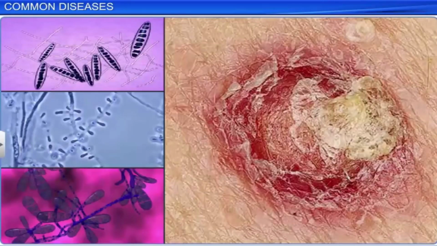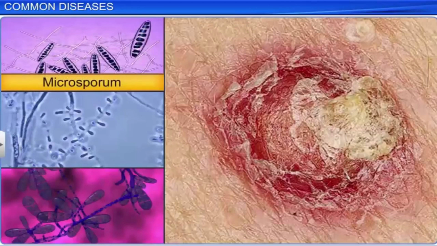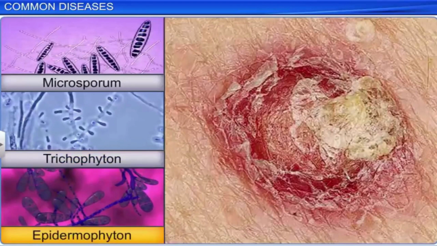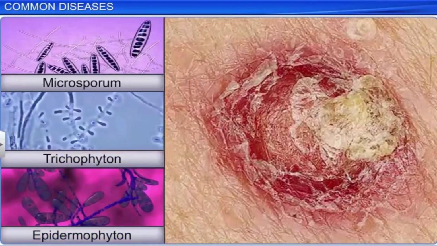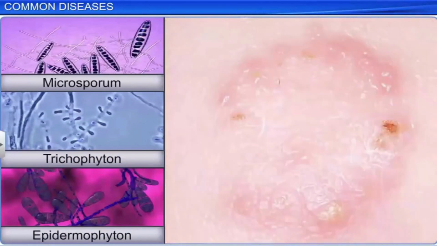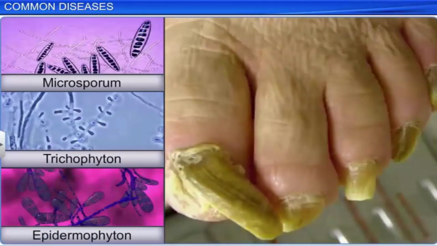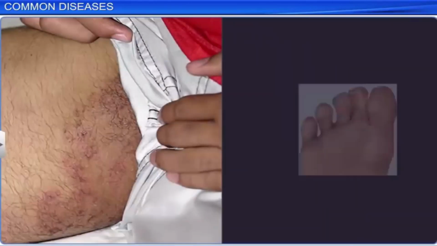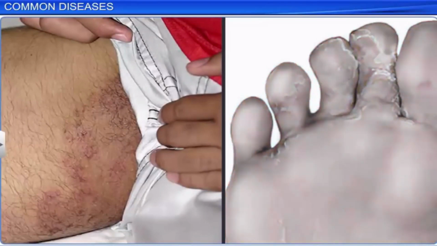Other pathogens such as fungi like Microsporum, Trichophyton, and Epidermophyton cause ringworm that appears as dry, scaly lesions on various parts of the body, such as the skin, nails, and scalp. These lesions also cause intense itching. They thrive in skin folds like the groin or between the toes, as fungi thrive in heat and moisture.